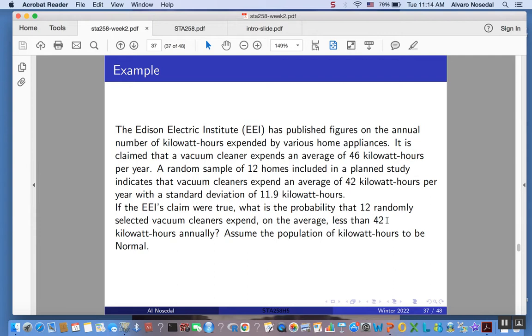Make sense? Again, we assume normality, and furthermore we're going to do this calculation assuming that the true mean for that normal is 46. Make sense?